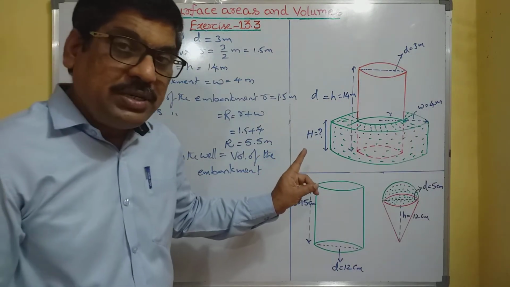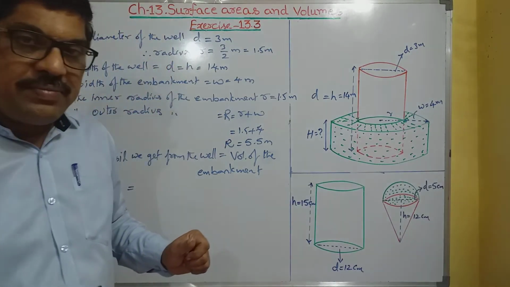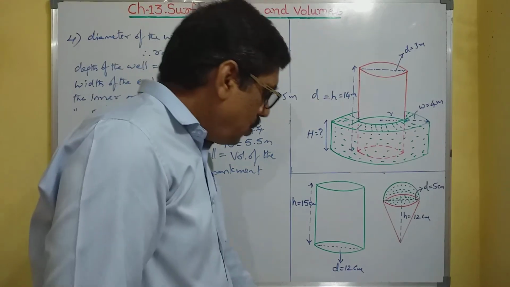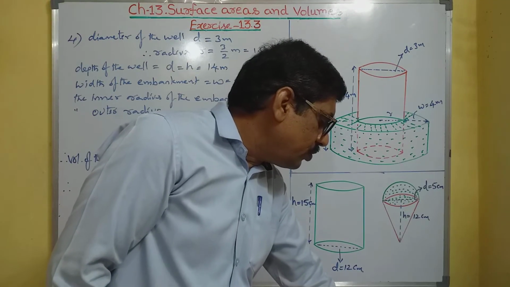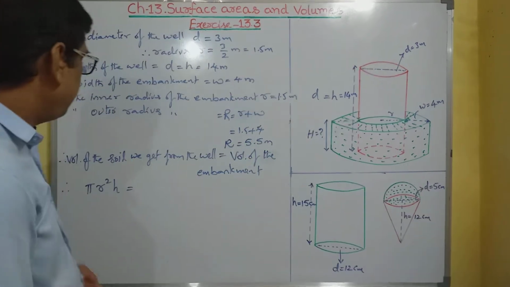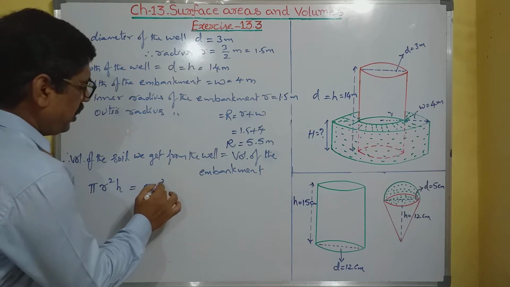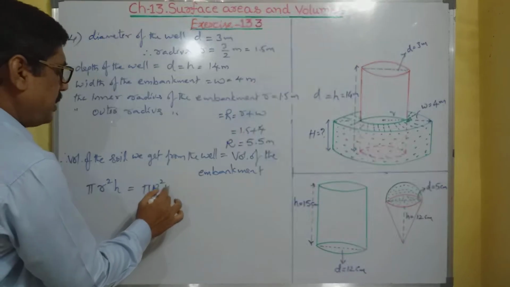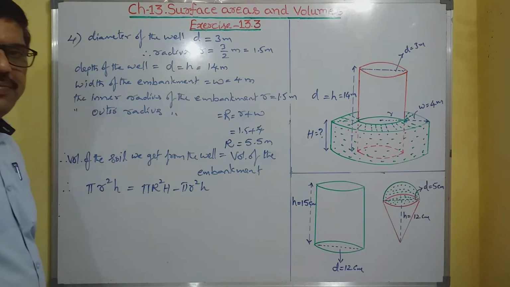The embankment is in the shape of a cylinder whose base is in the shape of a ring. So the volume of the embankment is pi capital R square, and here I have taken the height as capital H, minus pi small r square H.